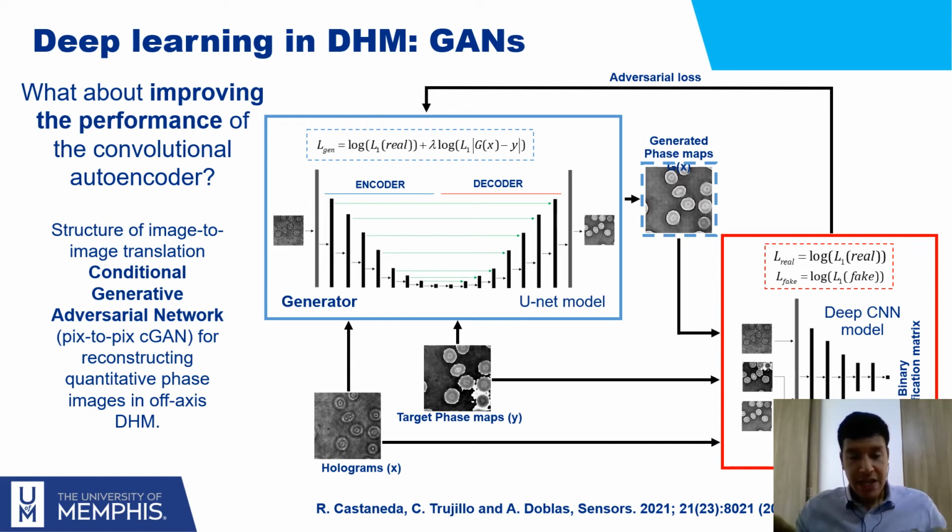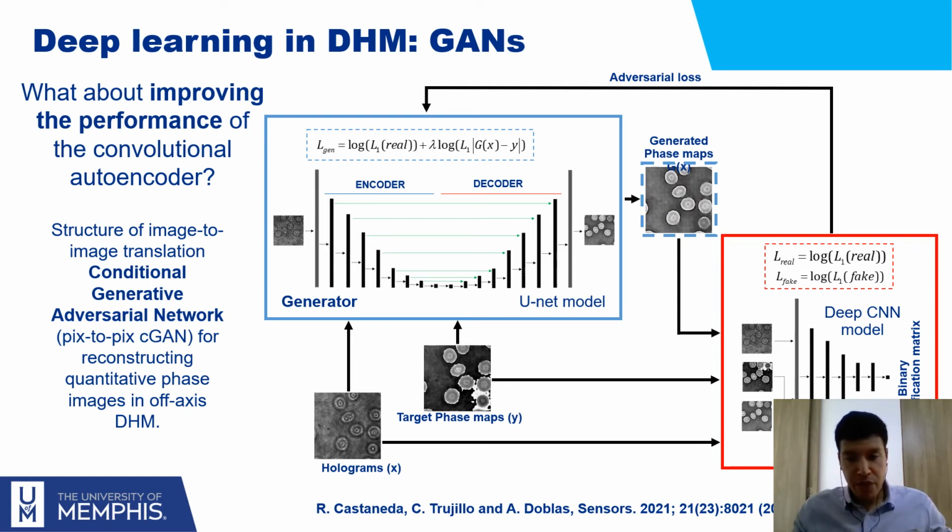In our model, the generator is a typical U-Net model, and the discriminator is a typical binary classification network based on the CNN model. In this case, the adversarial loss is composed of two loss functions. A logarithmic loss function is trying to decide whether or not the generated image given to the discriminator is fake or true.